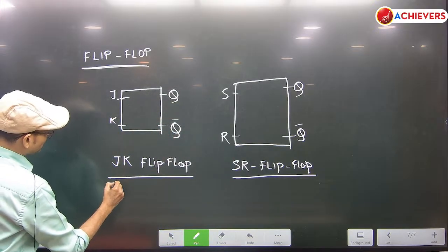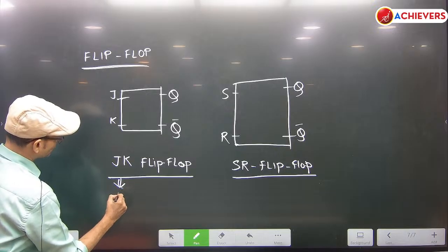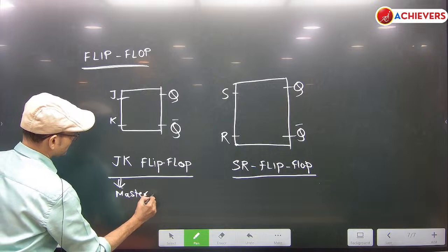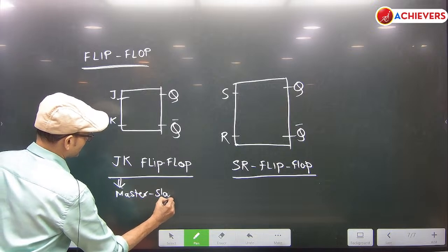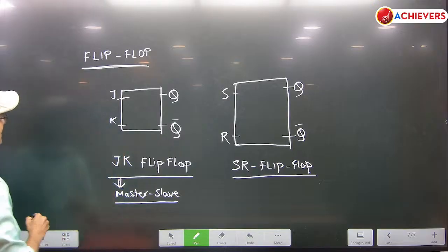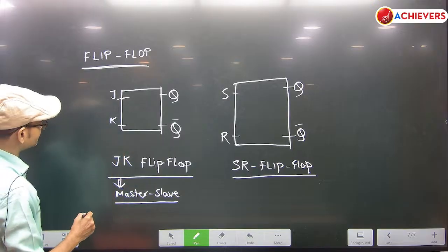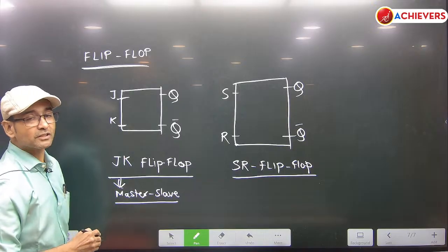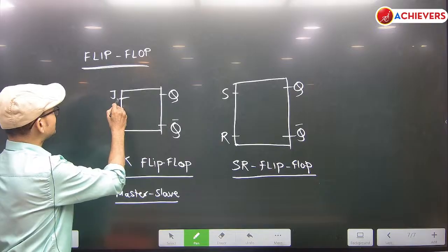JK flip-flop is generally known as the master-slave flip-flop. It has the concept of master-slave. K is considered as king and J is jack.